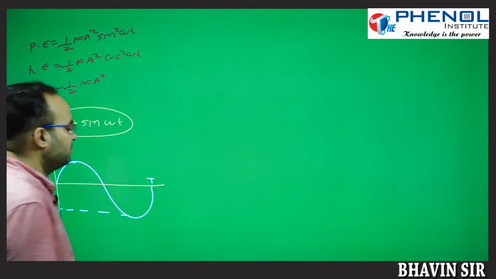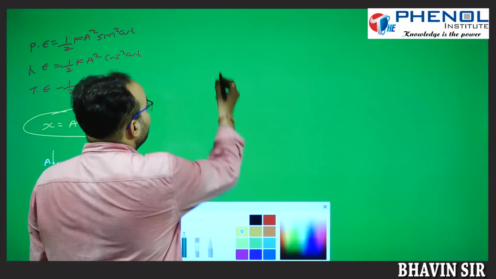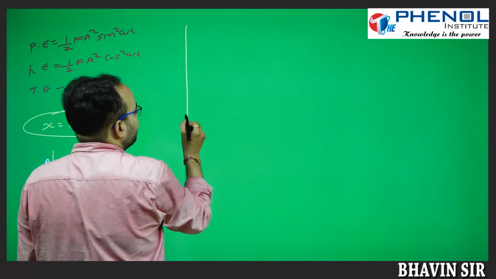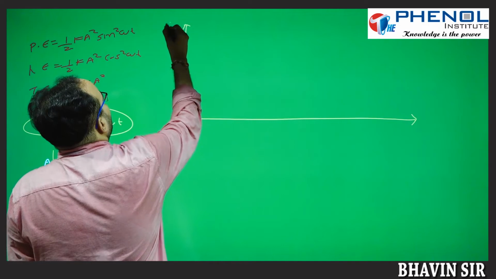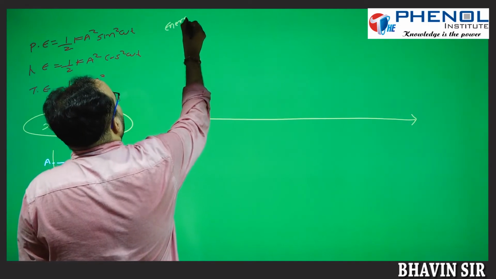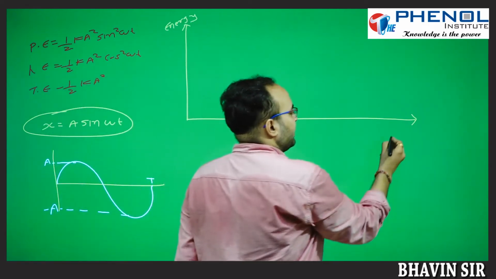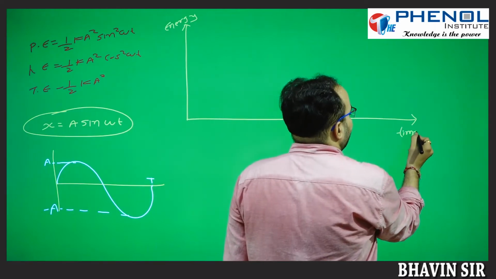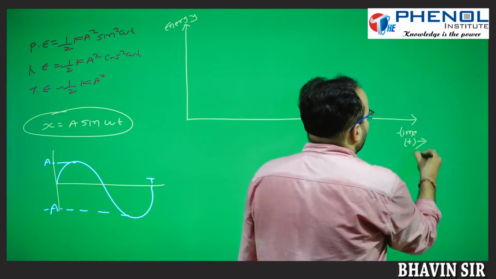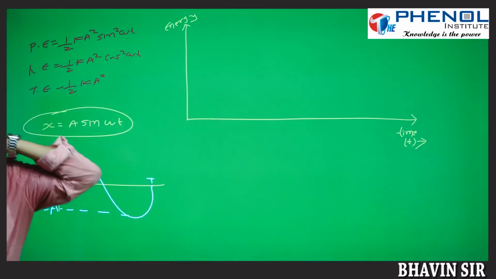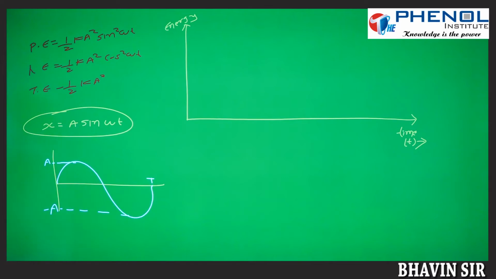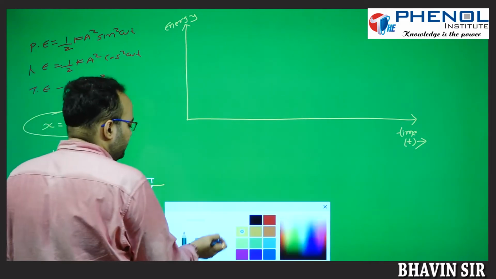Now we want to draw the graph again with energy here and time here. Now students, we want to draw the graph of potential energy versus time, kinetic energy versus time, and total energy versus time.